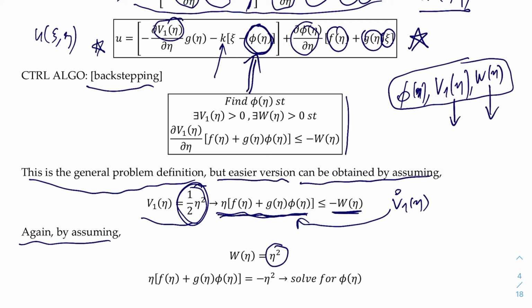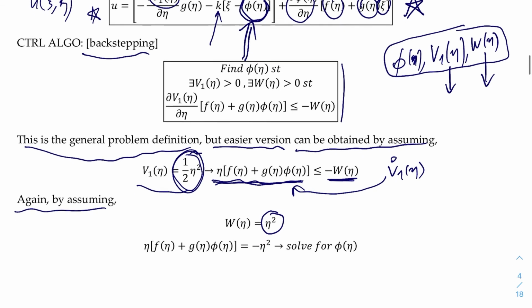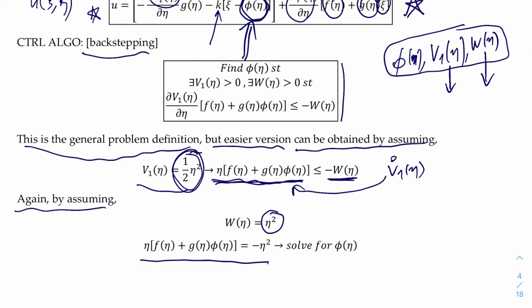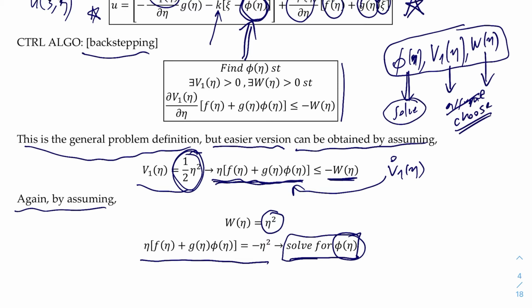At that moment you have this, and you can solve algebraically. You can just determine phi of eta. So this is: assume, maybe choose them, and then solve.